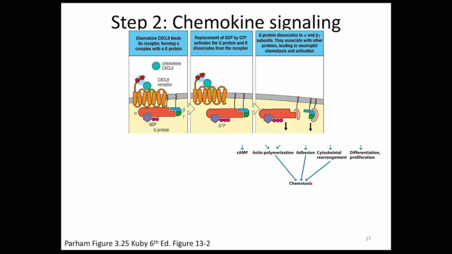And so the other reason why this activation step is important is because the cell actually has to get activated and get some information from the chemokine signaling. So you can see our chemokine binding to a chemokine receptor here.